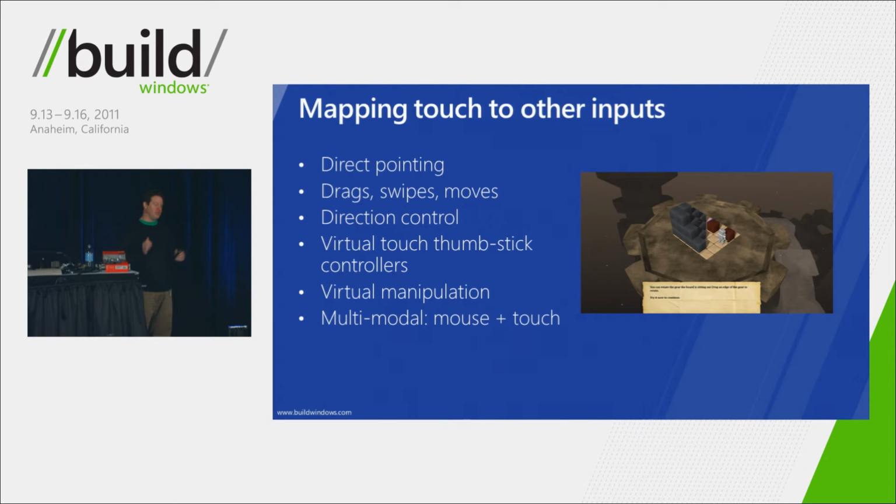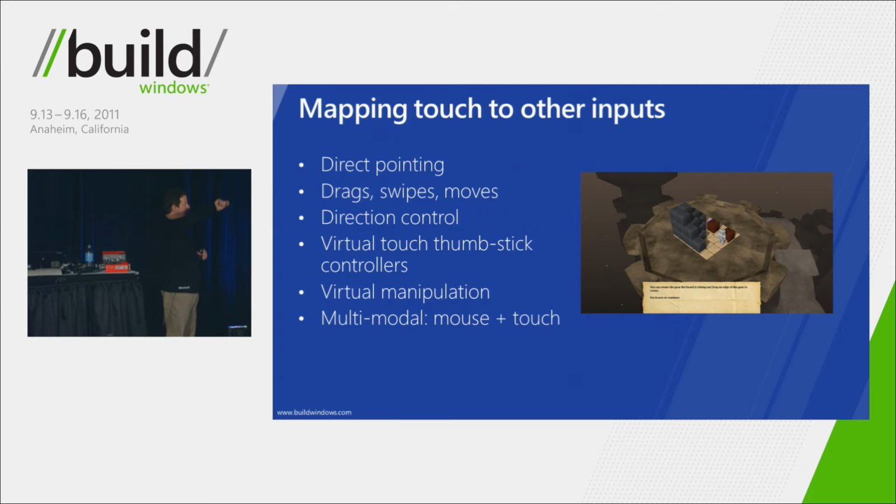Virtual manipulation. Now, this is something that I think is a really valuable and interesting way to add touch to your game. The tricky part about it is it's going to take some real creativity to think about how that maps to other types of input. But you could think about turning a wheel with gestures. You could also think about adding the ability to use mouse gestures around the edge of the screen.